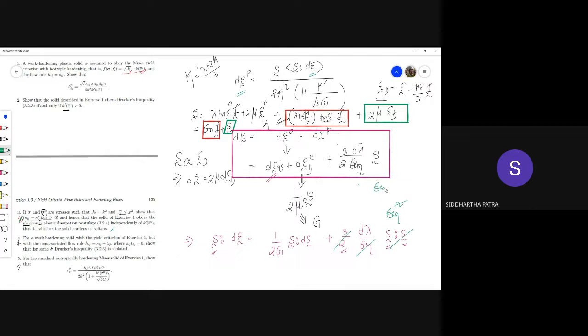So sigma equivalent, as we discussed, is square root of J2 times root 3.